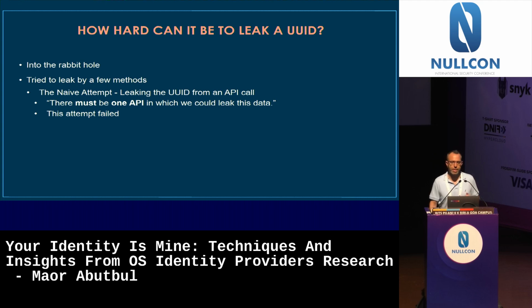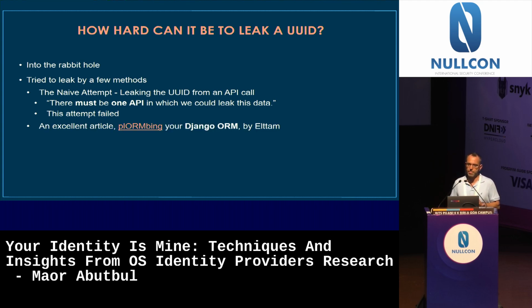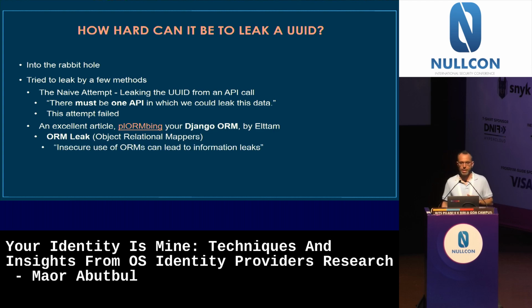Then we encountered an excellent article by Elttam, which defined a new class of vulnerability, namely ORM Leaks. This article is about how insecure use of ORMs can turn into information leaks. These techniques allow an attacker to leak data like SQL injections, but provided by the ORM.